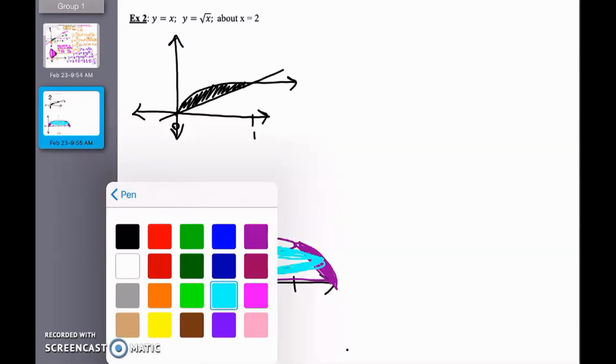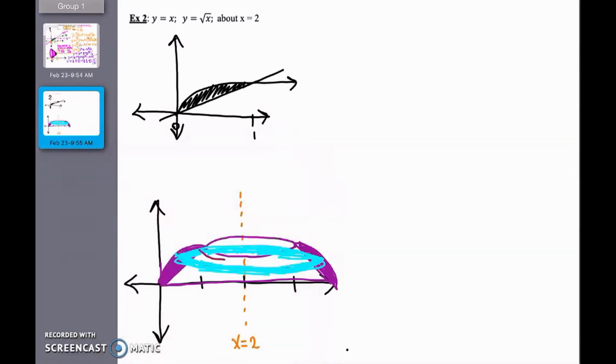If I go back here and add in the washer on the top, you might be able to visualize this a little bit better. There we go. Okay. So once again, the cross section is a circular washer. That seems to be our common theme.